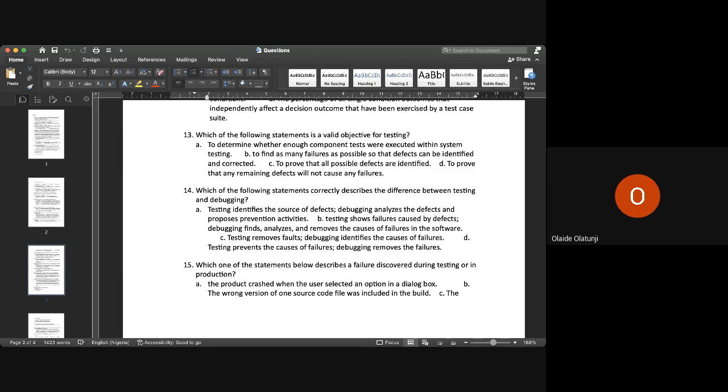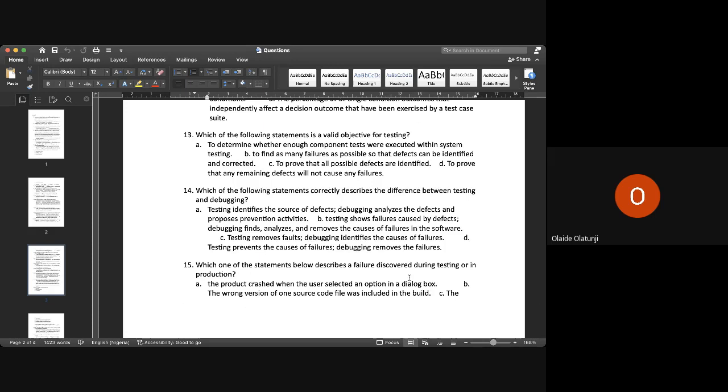Okay, the answer is B. Which of the following statements correctly describes the difference between testing and debugging? What did you pick? Testing shows failures caused by defects. Debugging finds and analyzes errors. Yeah, correct. That's the correct one.